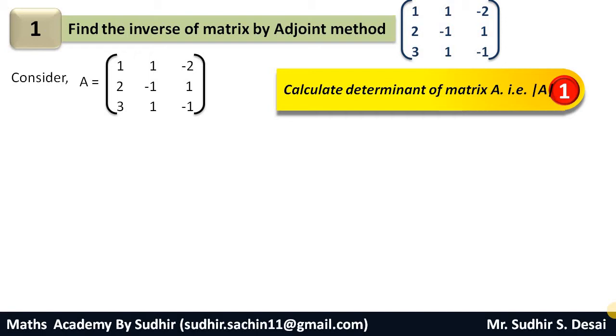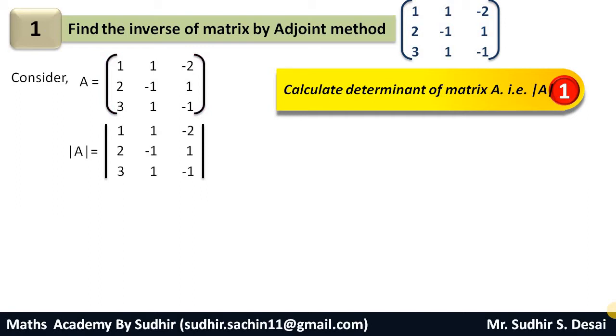Is to calculate determinant of that matrix. And in previous video lectures we have seen how to find the determinant of given matrix. So determinant of A is calculated by replacing square bracket with 2 vertical lines. So replace the square bracket with 2 vertical lines and elements will be as it is.